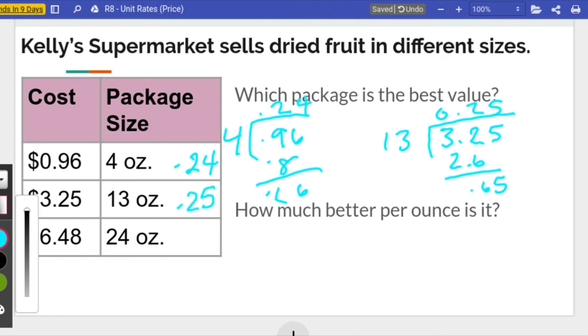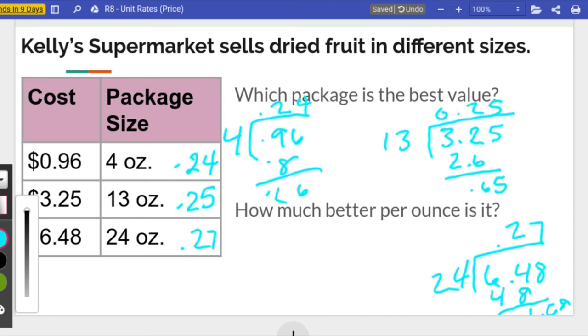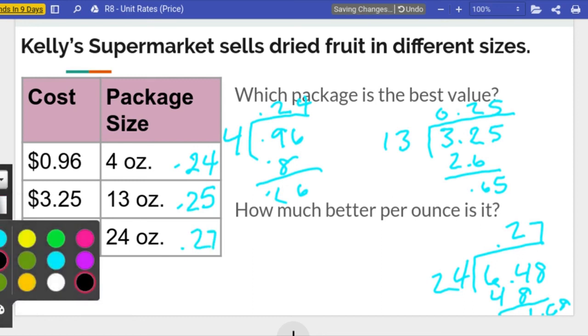And if it's $6.48 for 24 ounces, it is 27 cents per ounce. So which package is the best value?